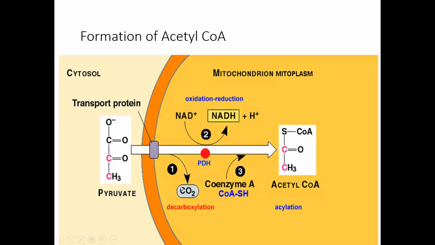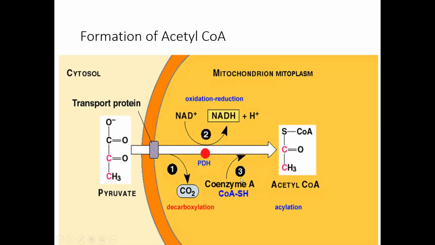It immediately is decarboxylated, meaning we strip off the carbon and we take 2 oxygens with it, CO2, carbon dioxide coming off right there. The remaining 2-carbon compound is oxidized by NAD+. NAD+ is an electron acceptor. It grabs 2 electrons, it grabs 2 hydrogens and goes off.